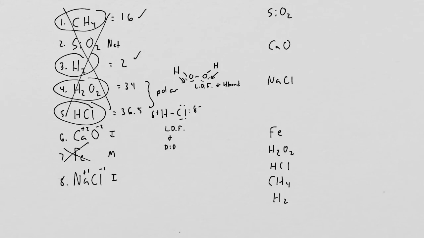If you had, let's say, KBr, it would go down here because K is +1 and Br is -1, but they have a larger radius. So in the denominator of the lattice energy formula, KBr would have a lower lattice energy and therefore a lower melting point and boiling point than NaCl or calcium oxide.